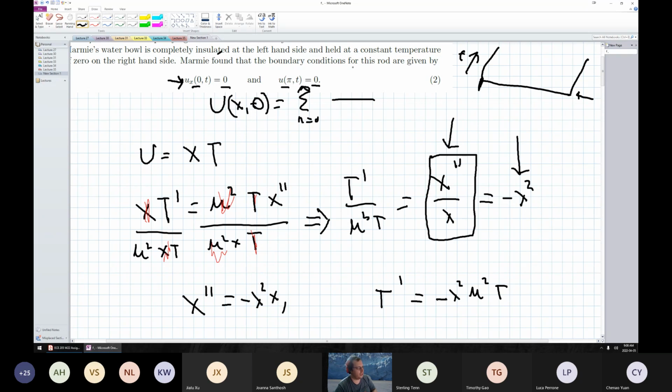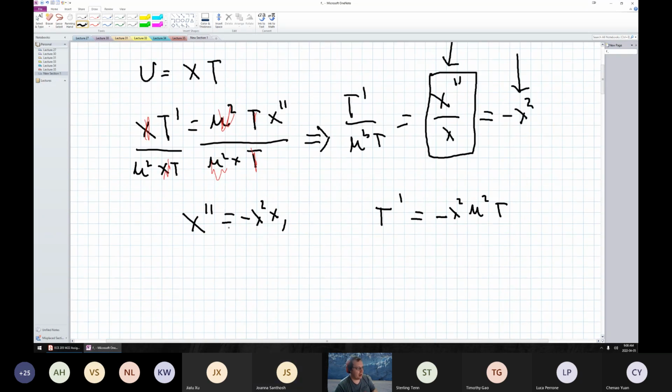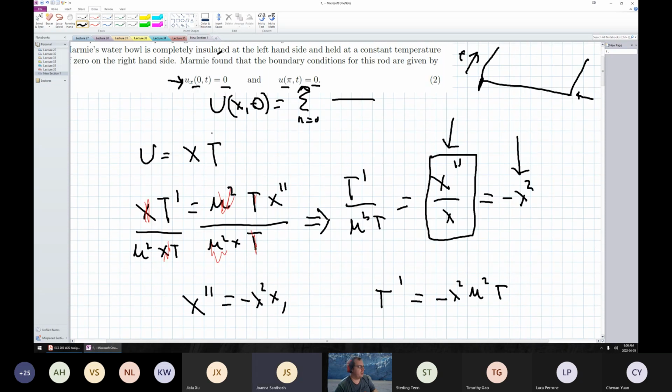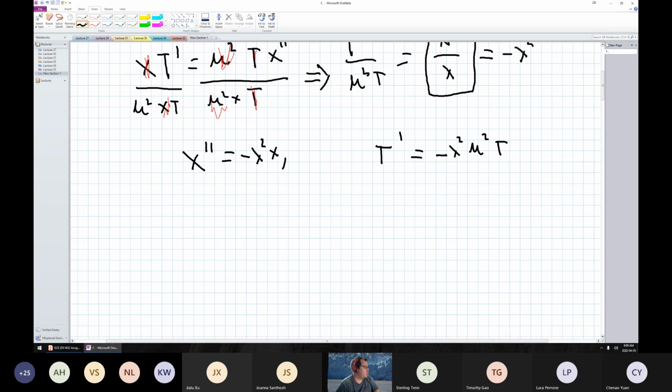So the boundary conditions really tell me about space, not time. If I plug things in, I'll just do one analytically. Here I would get X prime, because I took the x derivative, of 0 times T, so T has to be 0.